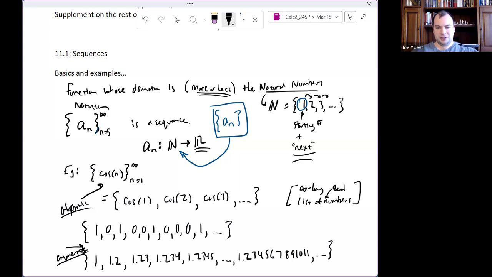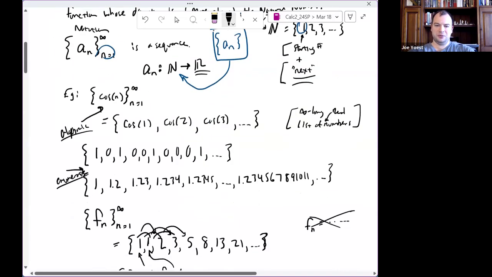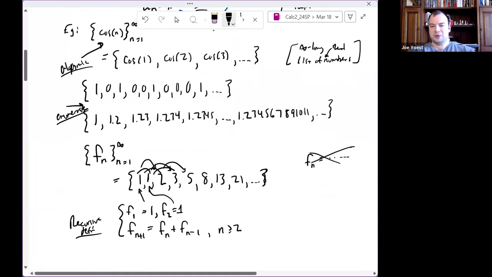Or I could have a sub 2n. So I could be dealing with examples where I don't use all of those natural numbers, but I use something that has the same properties, that it has a starting number and each number has a next number for the domain. And again, super important to remember that the outputs, like we see here or here, can be any real number. It's just the inputs that we're restricting.